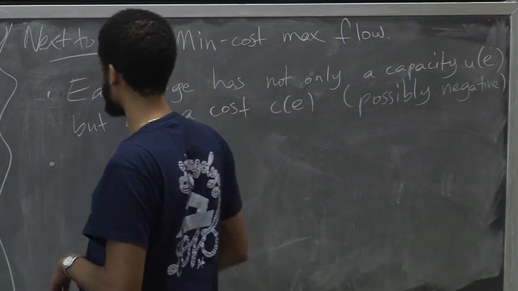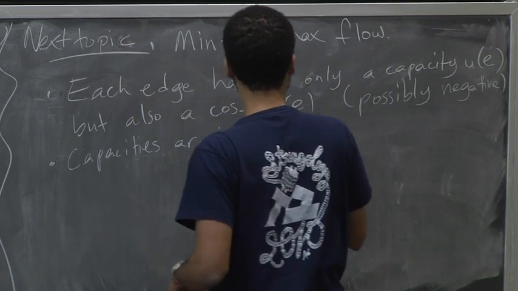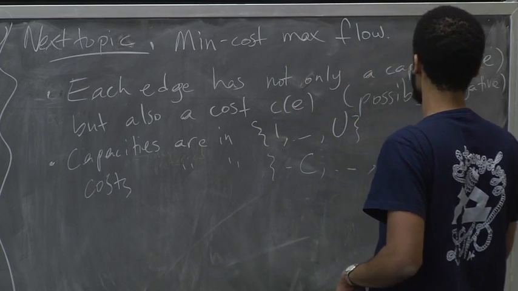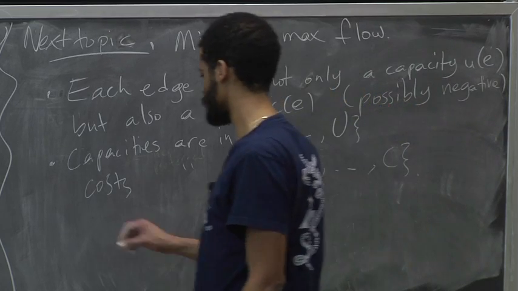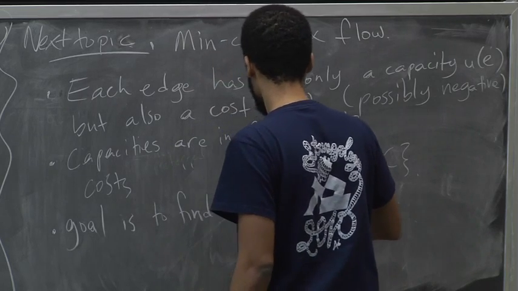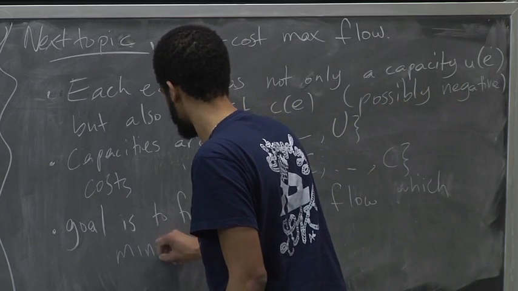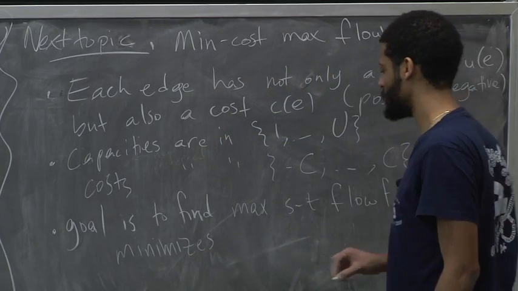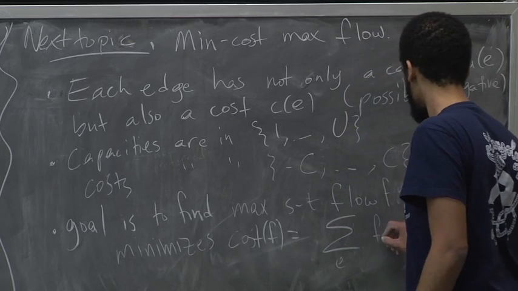Actually, let's just write that capacities are in 1 up to capital U, and costs are in minus C up to C. So let's just say they're integers from minus capital C to capital C. The goal is to find a max s-t flow F which minimizes the cost of F, which is the sum over all edges of the flow on that edge times the cost of the edge.